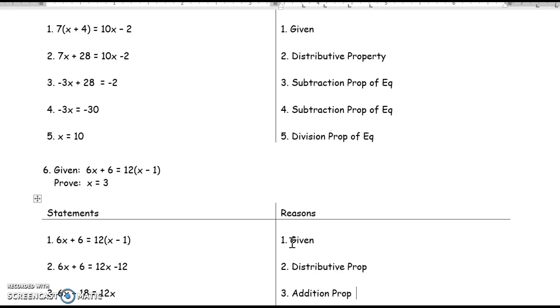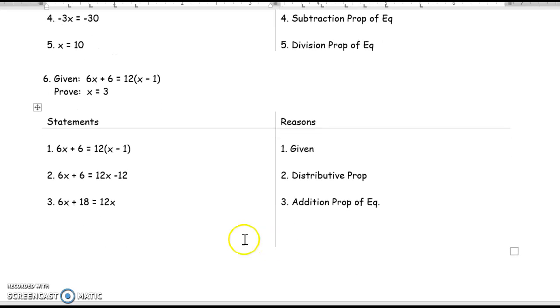property of equality. Okay. Now I'd need to subtract 6x from both sides. Subtracting 6x from both sides gives me 18 equals 6x. Okay. And that's our subtraction.